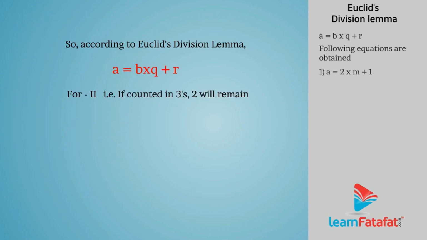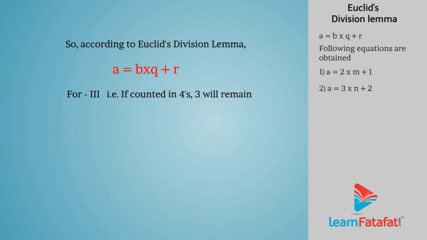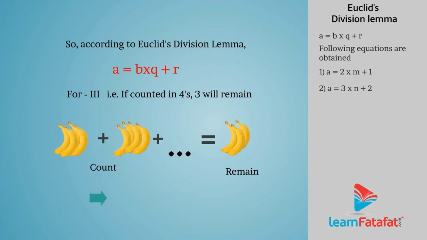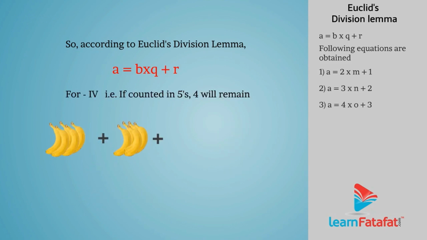If bananas are counted in 3, 2 will remain. So, we get A is equal to 3 into n plus 2. If bananas are counted in 4, 3 will remain. So, we get A is equal to 4 into O plus 3. If bananas are counted in 5, 4 will remain.